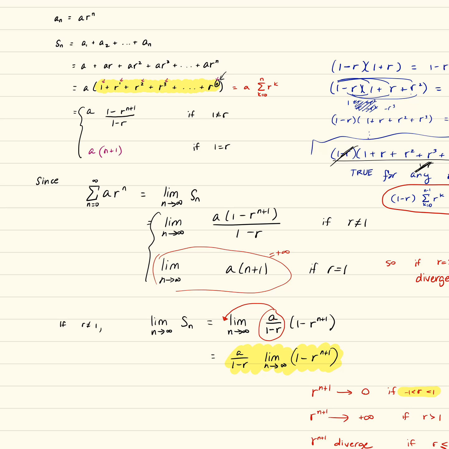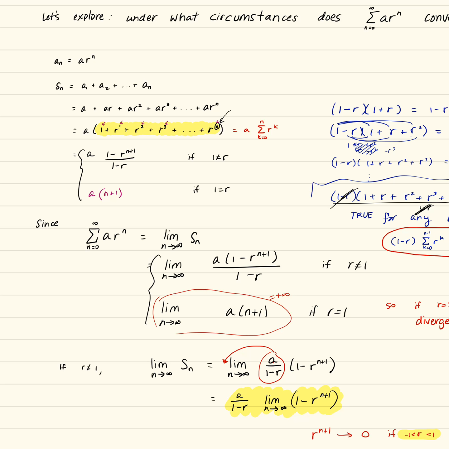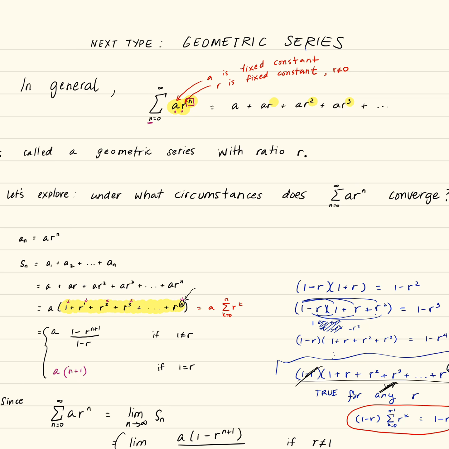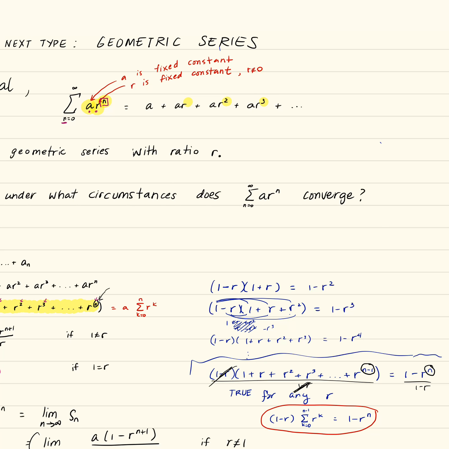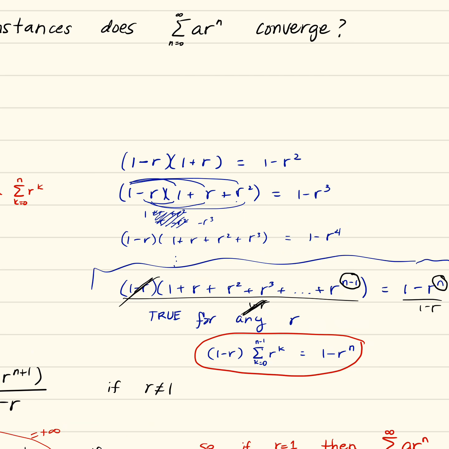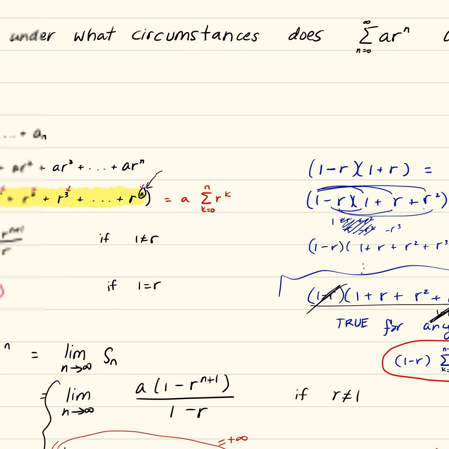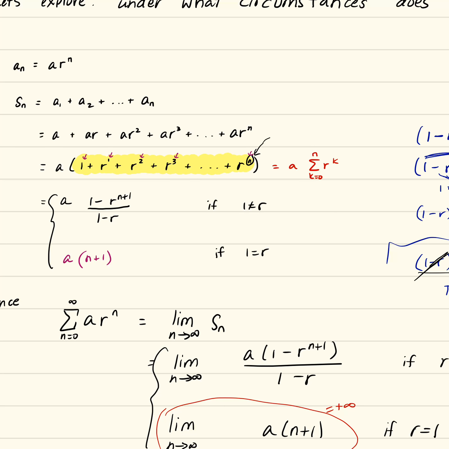The only difference for us is we'll have 1 minus r to the n plus 1 because our last exponent is n, right? So the formula tells us that if n minus 1 is your highest exponent on the left, then on the right you should have n. For us, we've got n on the left, so we'll have n plus 1 over here.